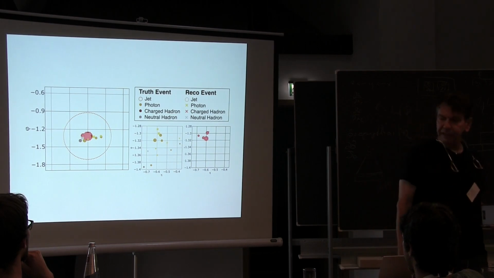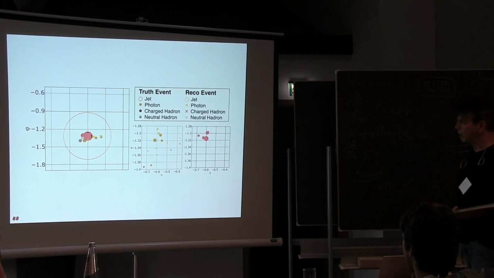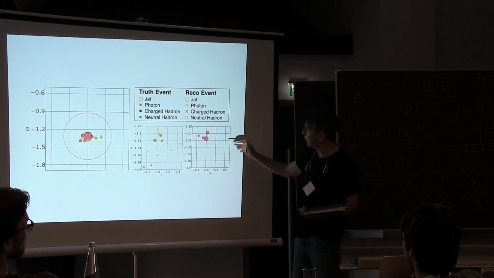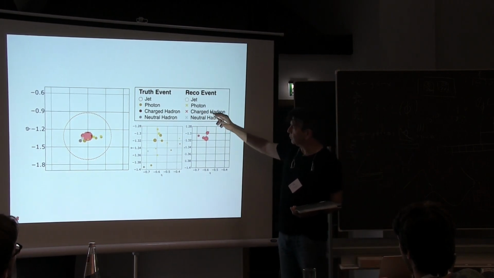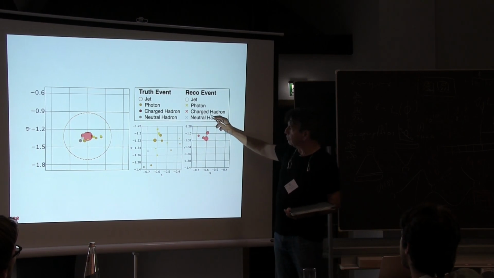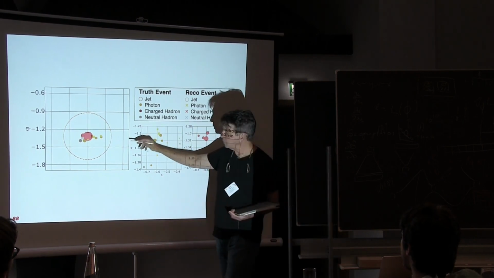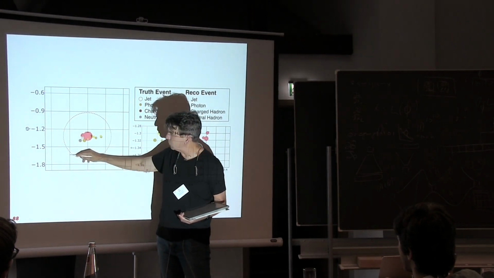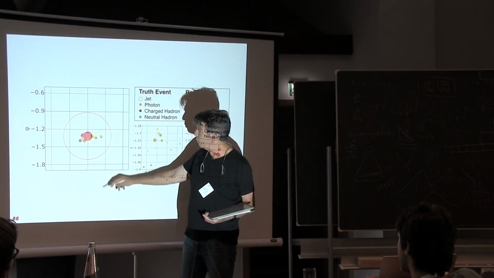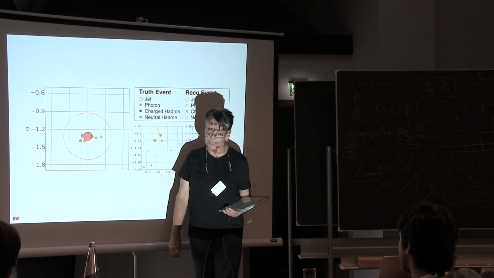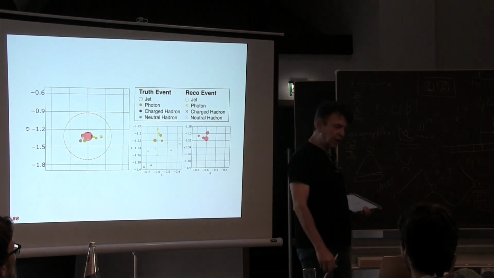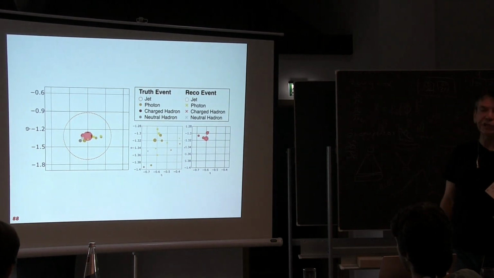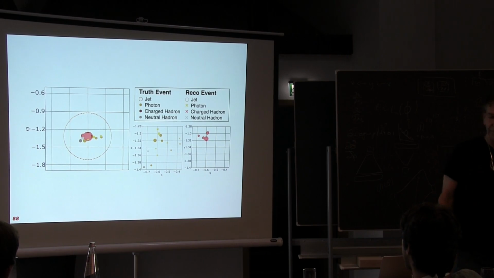Now let's look a little bit in detail. Here's one event. You have the legend here. So first of all, the anti-KT jet is shown here for both the truth and what comes from the hypergraph, and you can't even tell that there are two circles here. They really describe exactly the same jet.